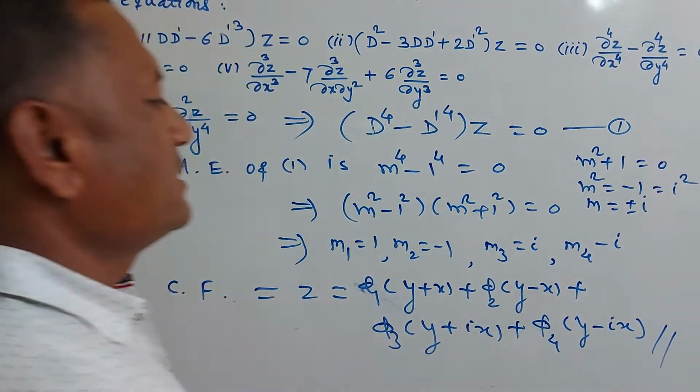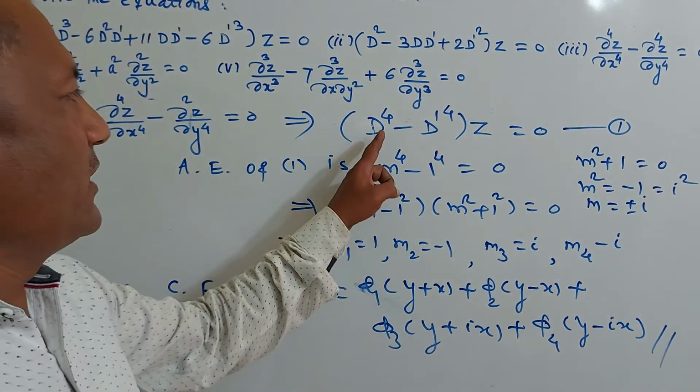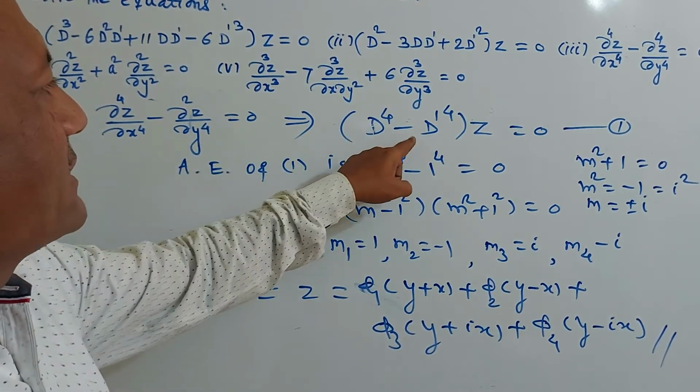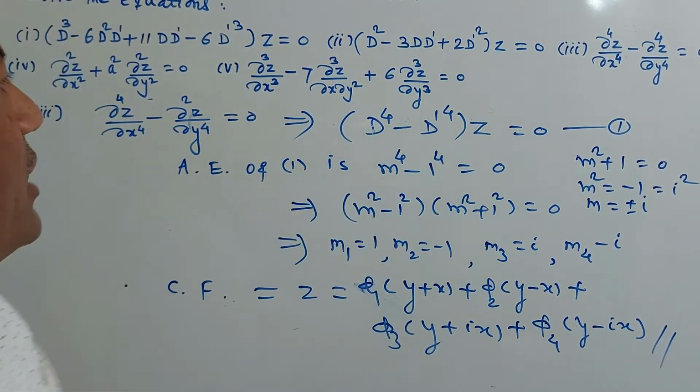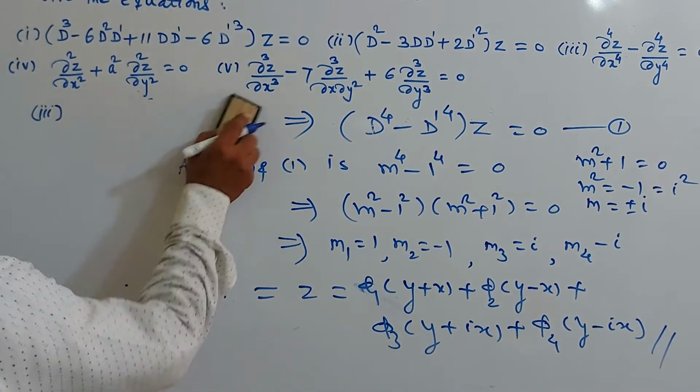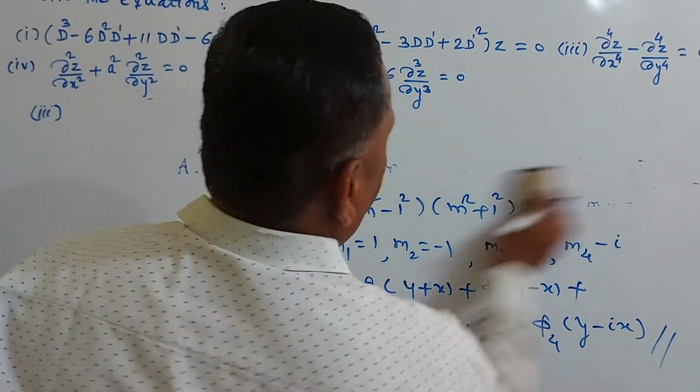So this is the general solution of the given partial differential equation 1, (D⁴ minus D'⁴) operated on z is equal to 0. Now similarly we solve the remaining.